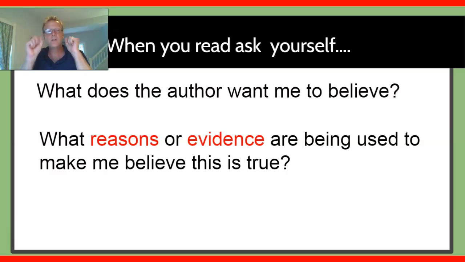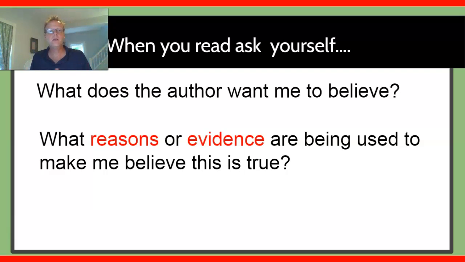If you can answer those 2 questions, then you're going to be well on your way to looking at a text, looking at the reasons and evidence, and giving a solid answer to a question about the text based on those reasons, that evidence, and the whole reason the author wrote it.